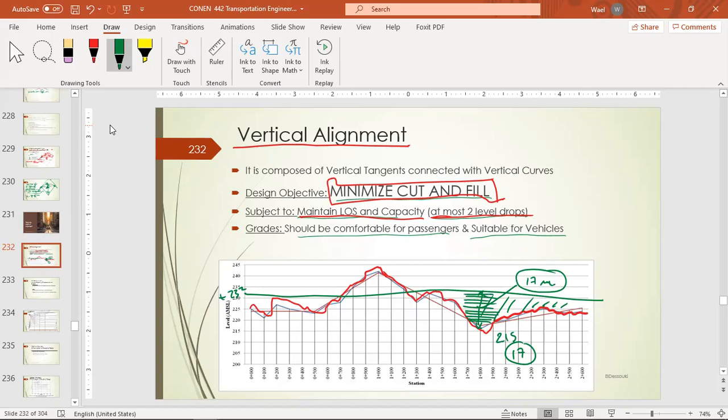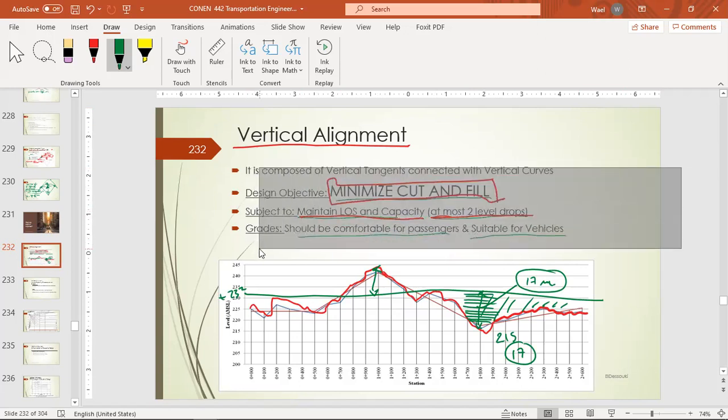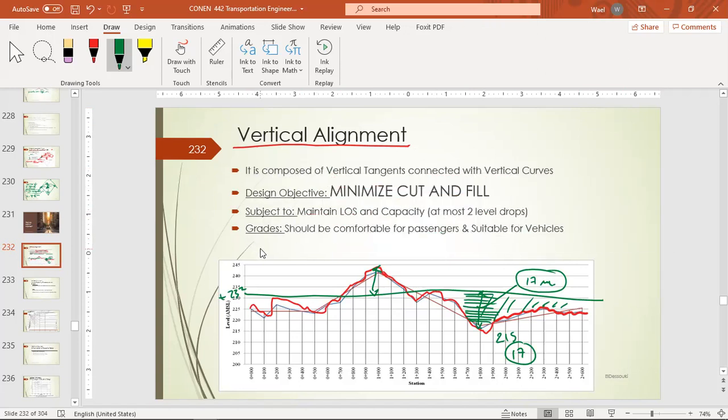And here we are going to cut. The height of the cut is huge. So when we are trying to make our vertical profile, we try to minimize the cut and fill. So this option is not a valid option.